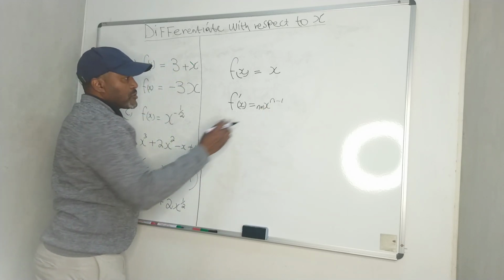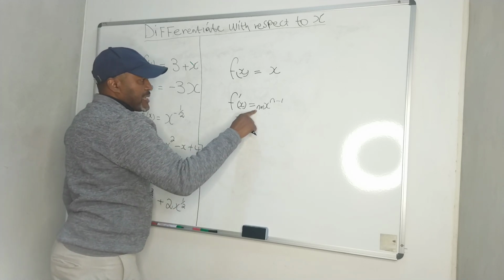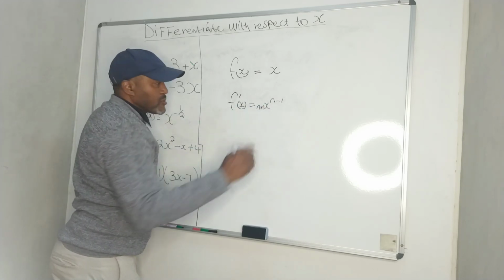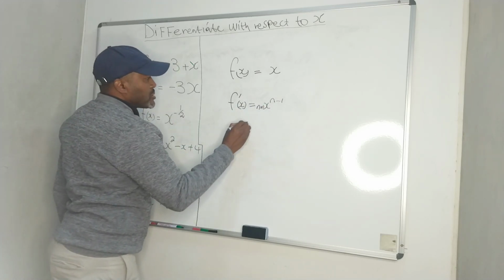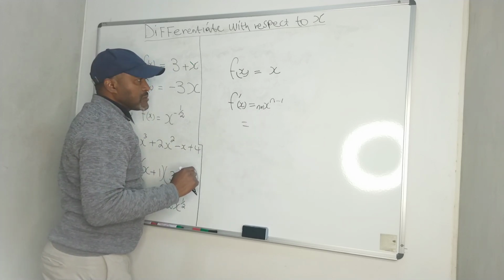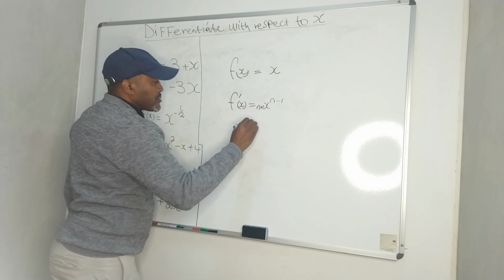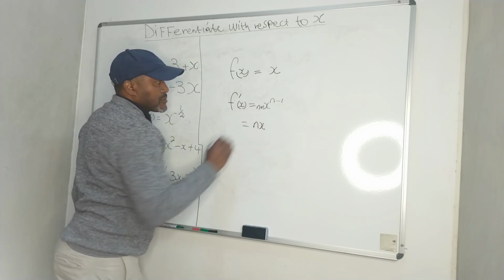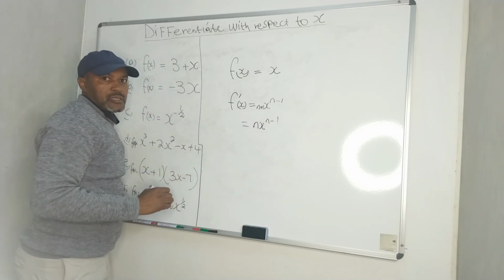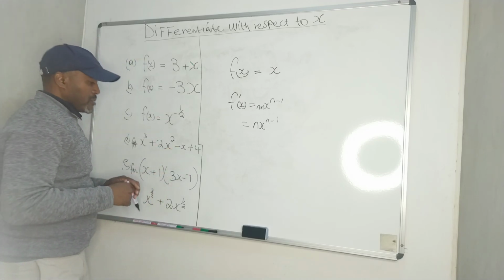The coefficient of x is 1, don't forget that. So it's n multiplied by 1, x raised to n minus 1, always. That is the form. Then when you continue here, n multiplied by 1 is n. So we are going to get nx raised to n minus 1, always. That is the formula for this.